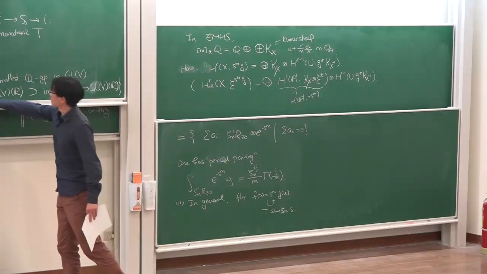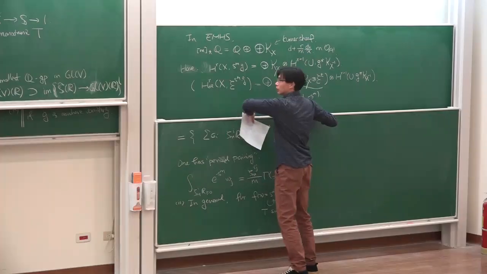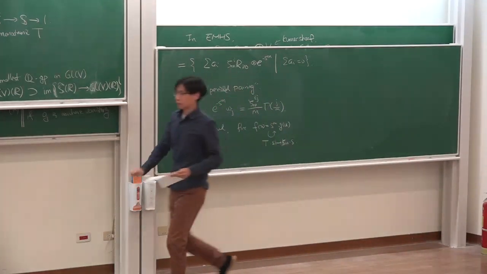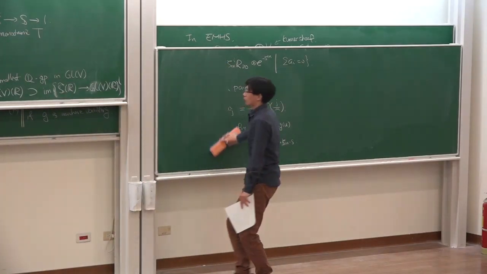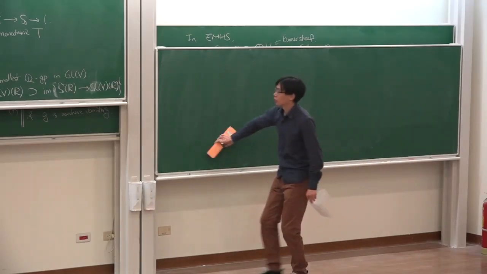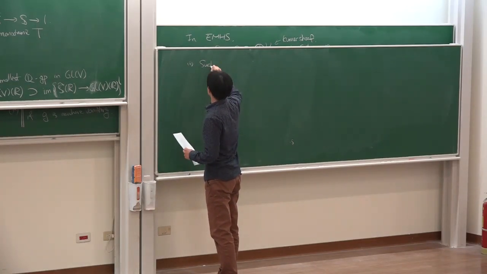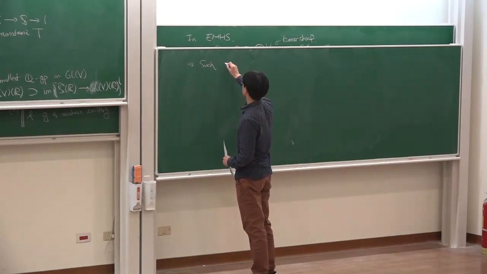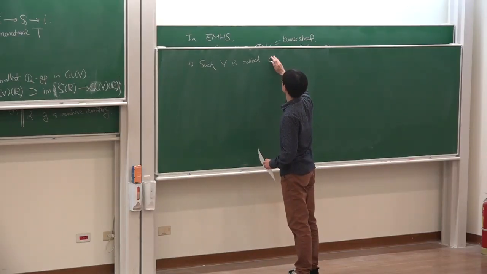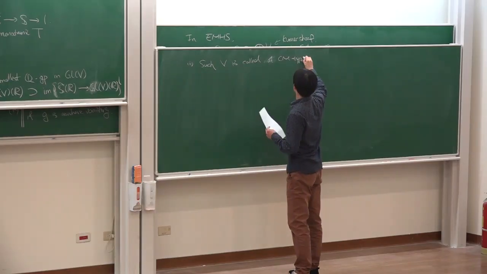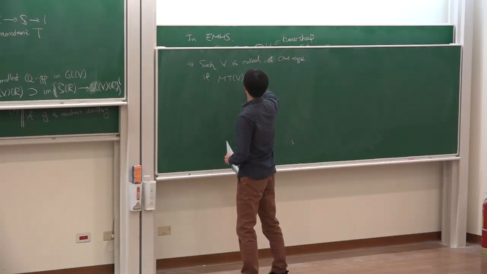A rational finite monodromic Hodge structure V is called CM if its Mumford-Tate group is commutative.